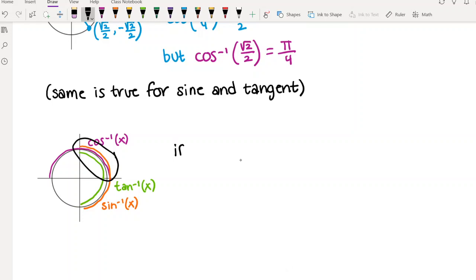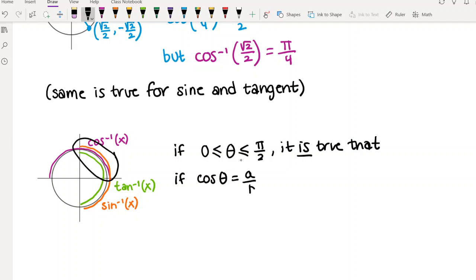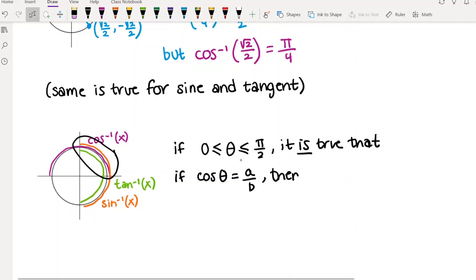So if you have an angle theta that is between 0 and pi over 2, it is true that if cosine of theta is equal to a over b, then taking inverse cosine of a over b is definitely going to give you back that same angle theta.